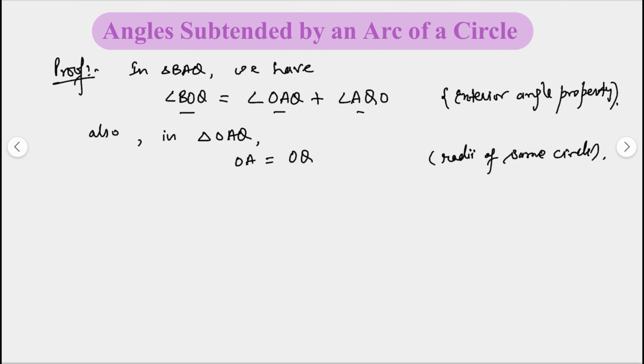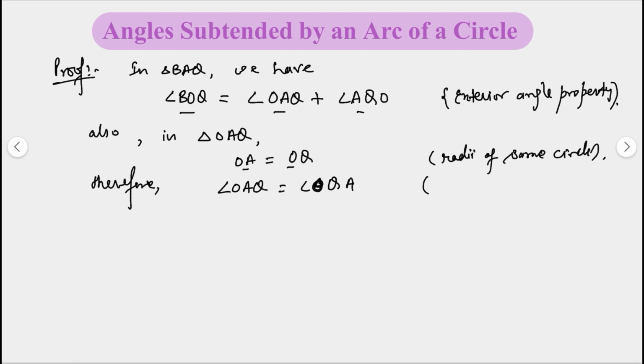That is, the radius of the same circle will always be equal. Now based on this, we have studied another theorem which says the angles opposite to the equal sides are equal. Since these two sides are equal, therefore their opposite angles, that is angle OAQ, will be equal to angle OQA.